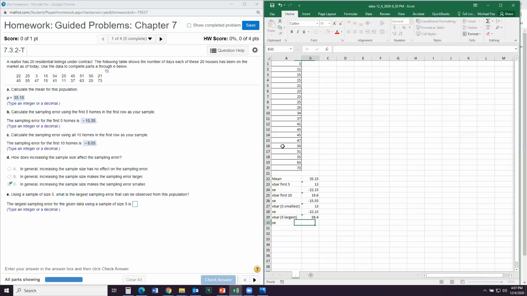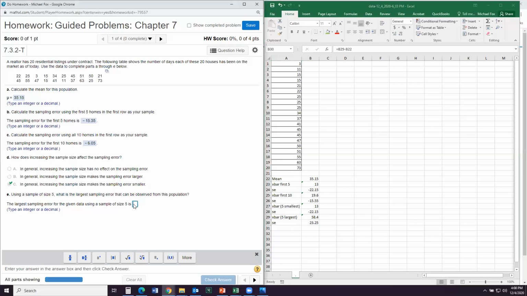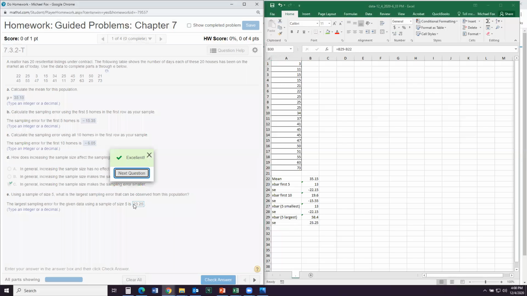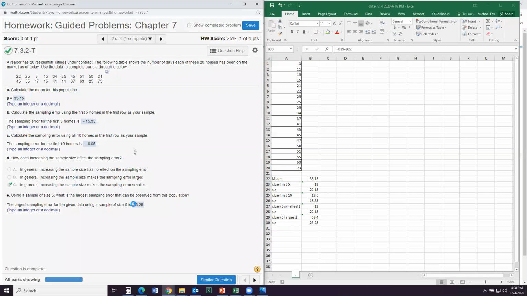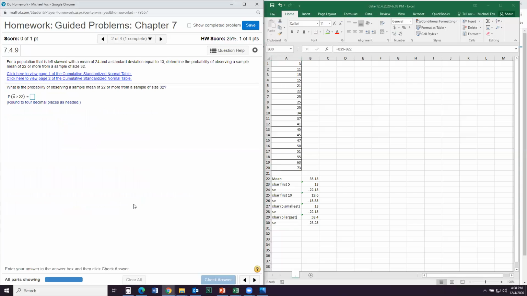And our sampling error will be X bar minus the population mean. This is which is the furthest away from the mean. So our 5 largest will have a sampling error of 23.25. All right, so there's the first problem.